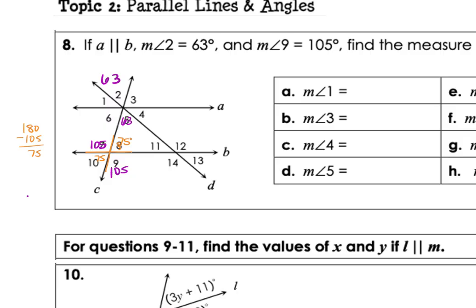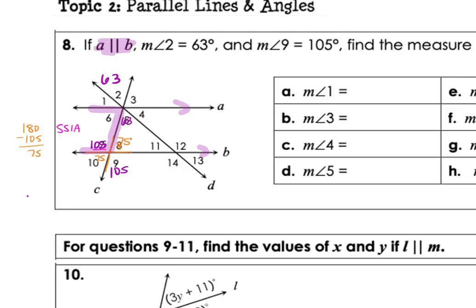Now the next thing I see, and you can totally disagree with me on this, but I'm just going to show you where I would go next. This angle, the 105, and this angle, the 6. Think about what type of angles those are. They told us these lines are parallel, right? So if the lines are parallel, which they are, then these are, hopefully you figured this out, same side interior angles, and same side interiors are supplementary.